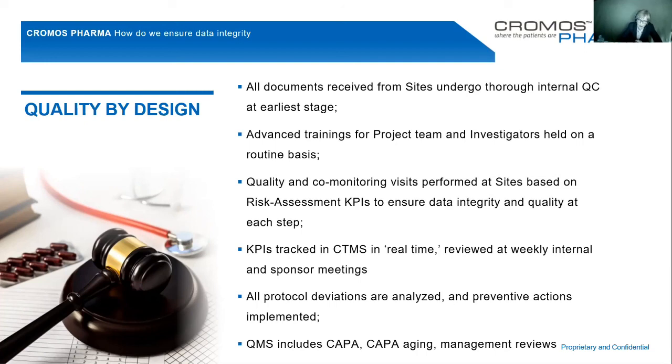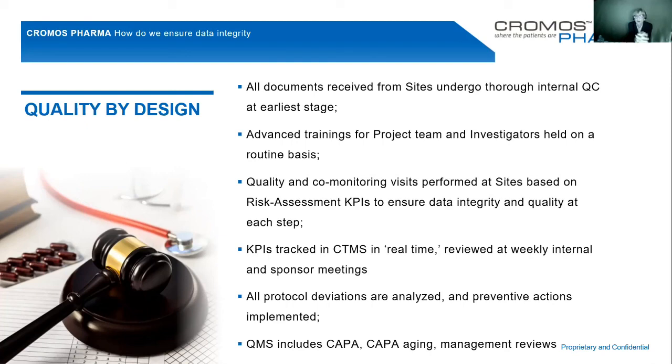We track our metrics to assure the data integrity and quality of our studies. We have KPIs, they're tracked in our CTMS system and reviewed at all the sponsor meetings, which are often weekly, especially in the early stages, and at internal meetings.